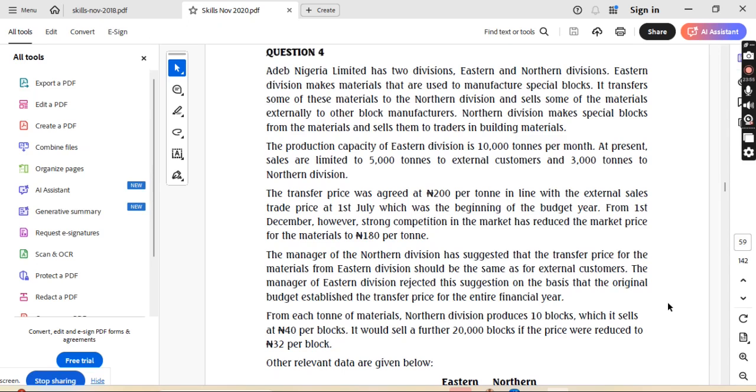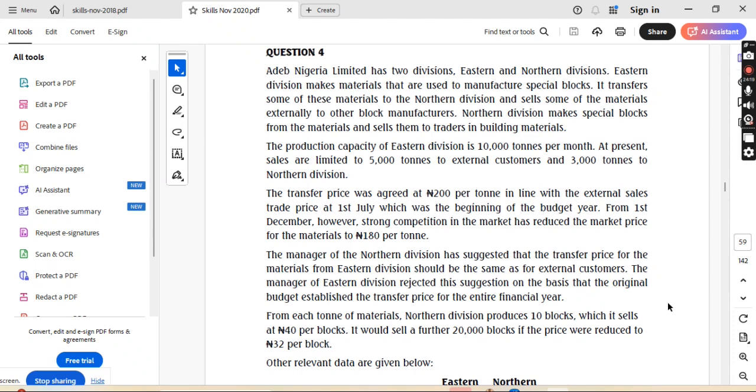Now, they've agreed. You can see that this transfer price is not based on variable cost, it's not based on opportunity cost, it is based on an agreement, and the agreement is based on the market. Always understand the policy. Identify the selling division and the buying division.